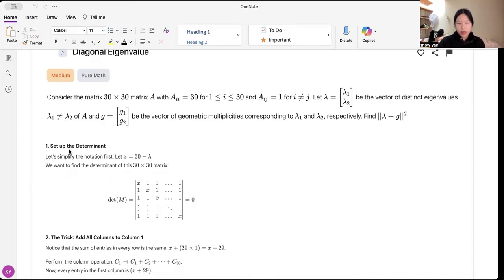So the first approach to this question is that we have a matrix and we want to find eigenvalues.